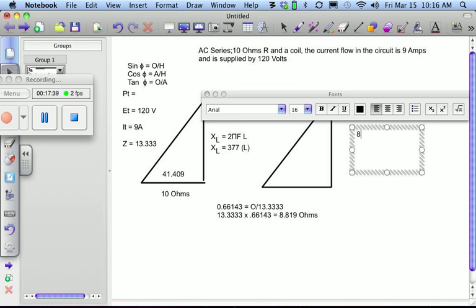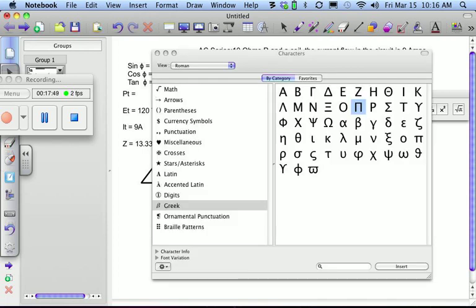So our 8.819 ohms, our ohm symbol. Should be down at the bottom, right? Last one almost. No, that's pi. Oh, it's in the middle. Third line in the middle, right there. There we go. Thank you.